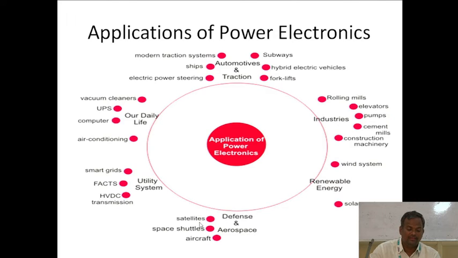Even in defense and aerospace, that is satellites, space shuttles, aircraft, and utility systems like smart grids.